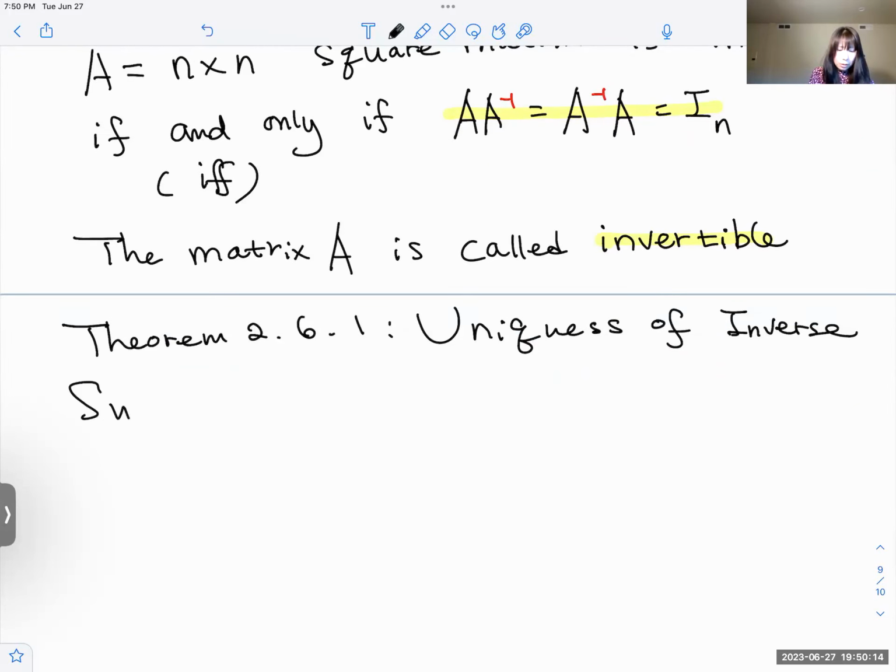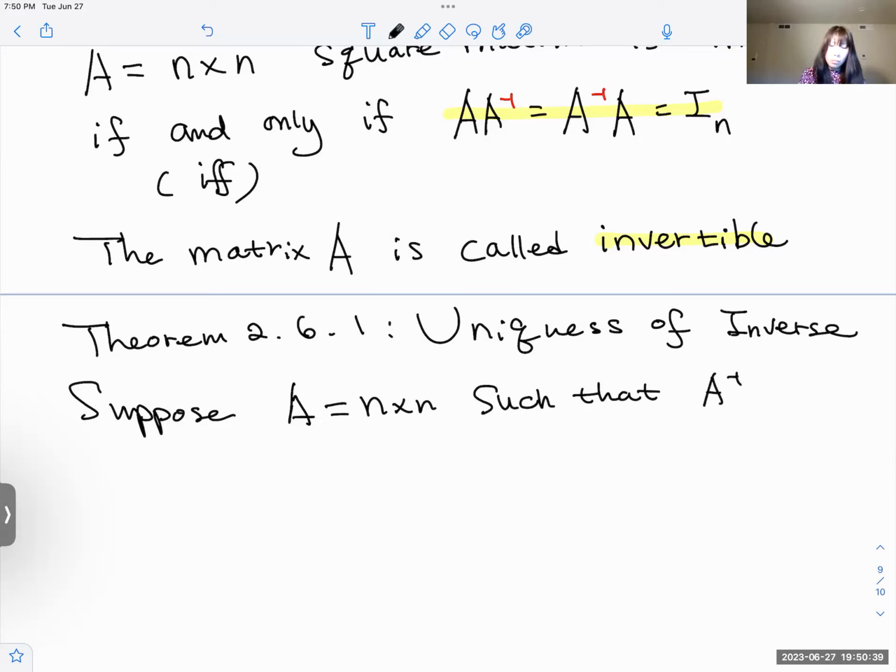Suppose A is n by n, a square matrix, such that the inverse A to the power of -1 exists.